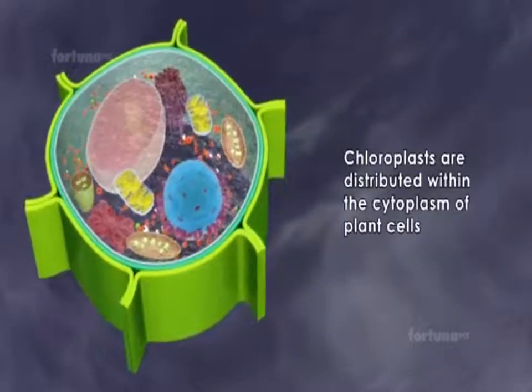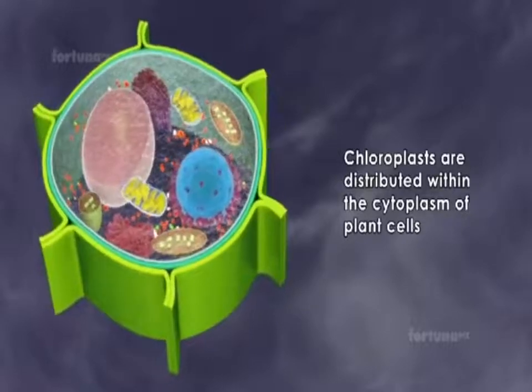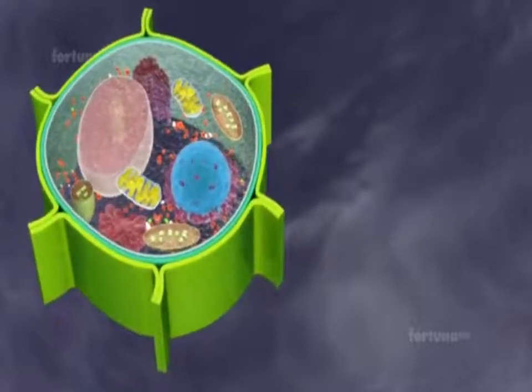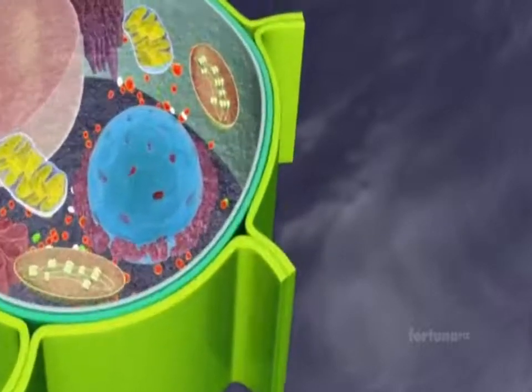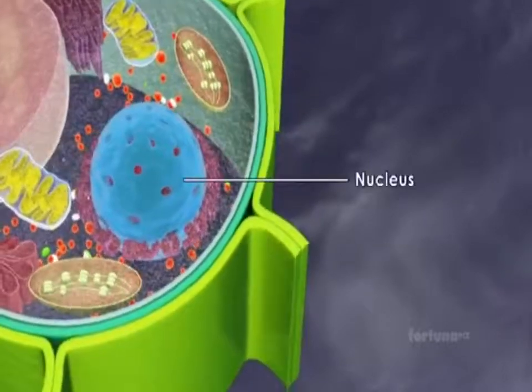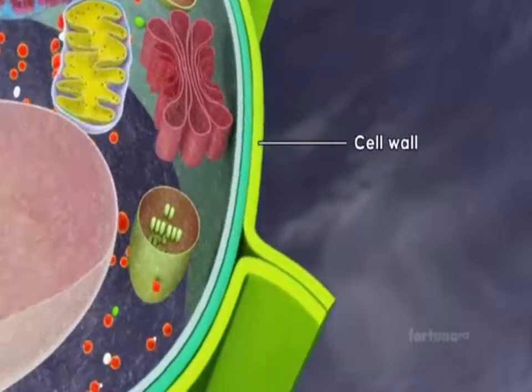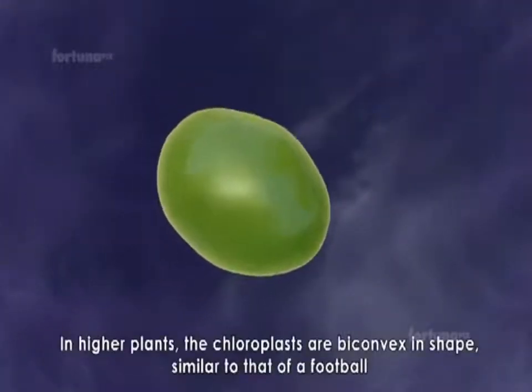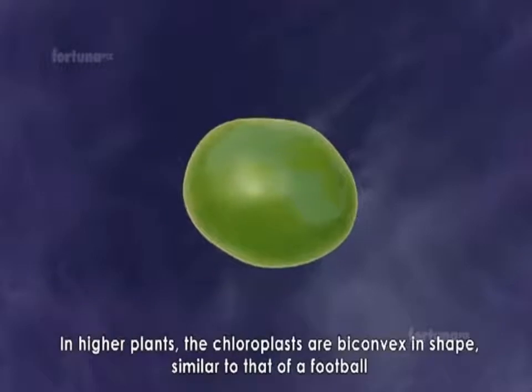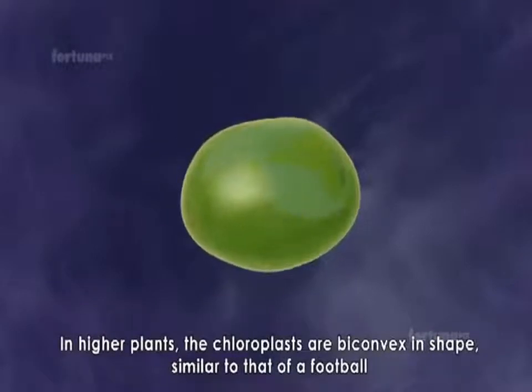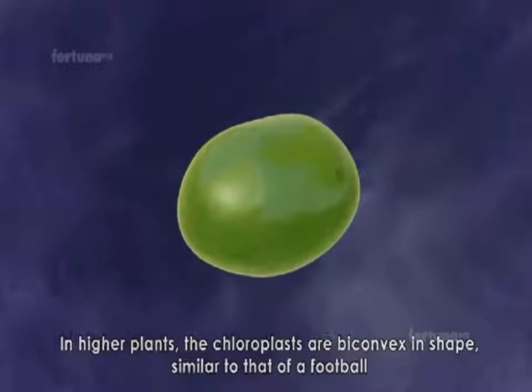Chloroplasts are distributed within the cytoplasm of plant cells. In some cells, they are concentrated around the nucleus or just beneath the cell wall. In higher plants, the chloroplasts are biconvex in shape, similar to that of a football.